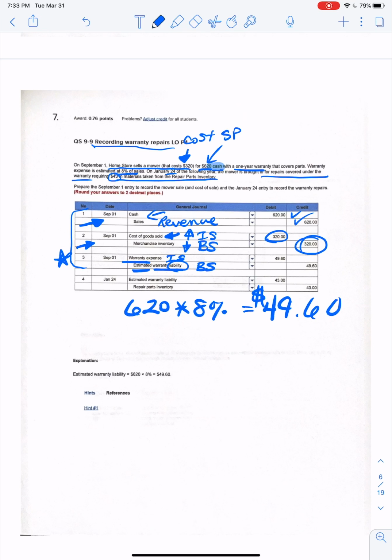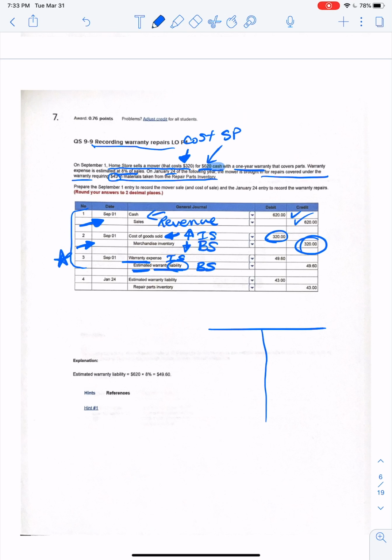Now, on the next piece, what they tell me is we actually need to deal with the repair, right? So we said we're going to give you a warranty, and we're going to cover this or that. And now our customer's actually coming in, and they're wanting us to honor that. So now we've got to actually deal with this.